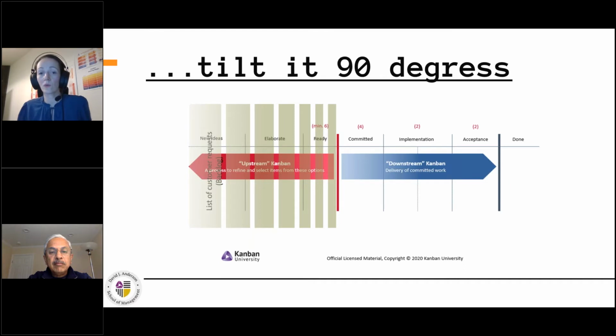And when you start work on it, we commit, we are not going to change our mind. So we'll not withdraw this item from the delivery system. On the other hand, on the right-hand side of the commitment point, you have the delivery system, and the delivery system says, we understand this item, we know what it is, and we have capacity to start working on it. And if we commit to it, it means that we will deliver this work for you.